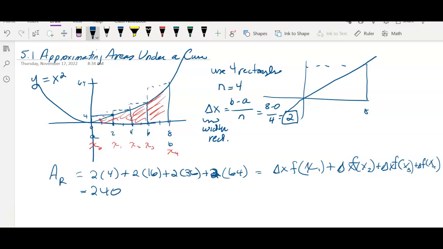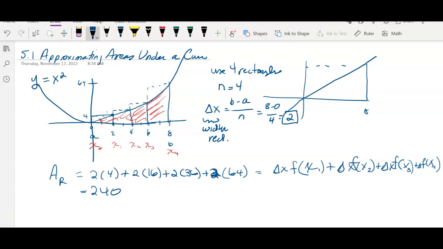Okay. So, sorry, I need to go back a little bit. Why are you responding to 2 times? Oh, because this first rectangle, right? This is delta x. That's 2. 0 to 2 is 2. An area of a rectangle is length times width. So now I need, how tall is the rectangle? Well, that's this point.